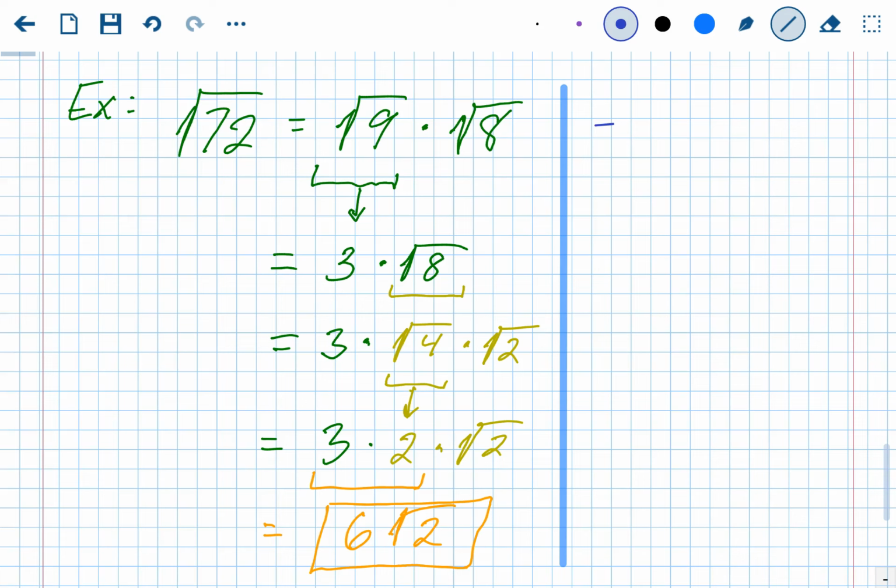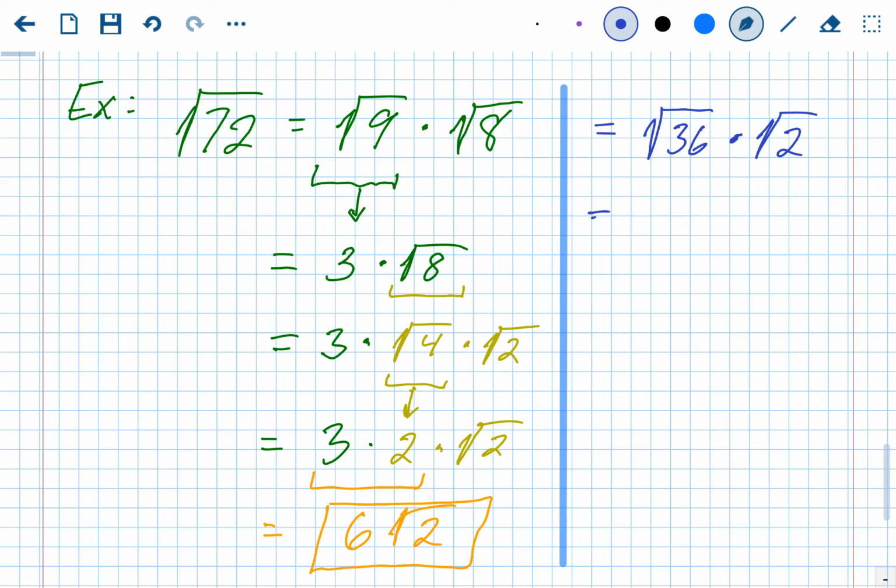So 72 has a lot of factors. One of the other factors of 72, instead of 9 and 8, would have been 36 and 2. The square root of 36 times the square root of 2 is the square root of 72. 36 is a perfect square. It's 6 times 6.